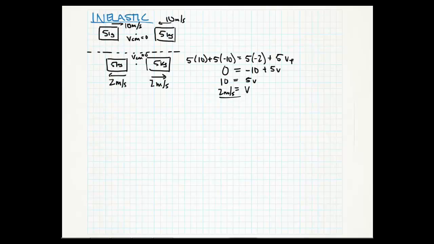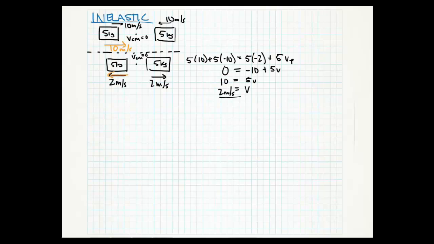Now what I want us to look at, and it's pretty easy here, we're going to write it in a different color anyway. Orange looks good. With respect to the center of mass, this object starts going 10 meters per second, and after the collision it leaves with 2 meters per second.